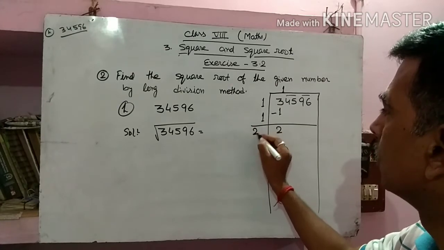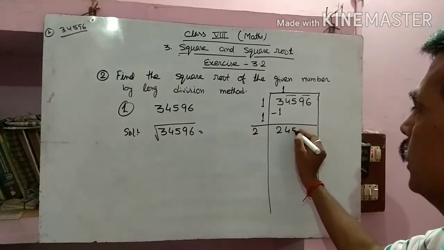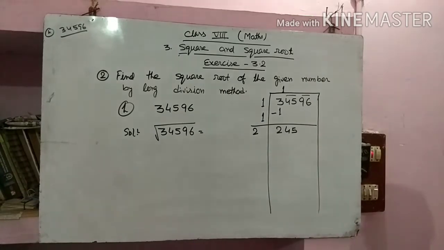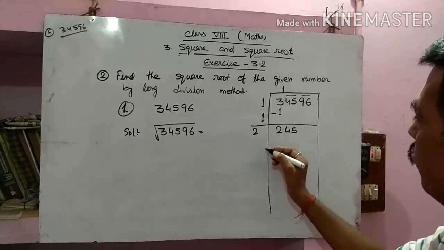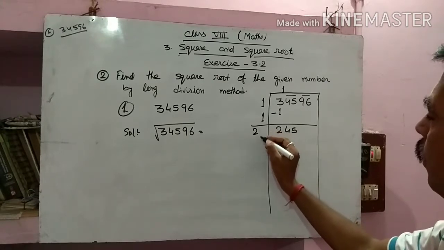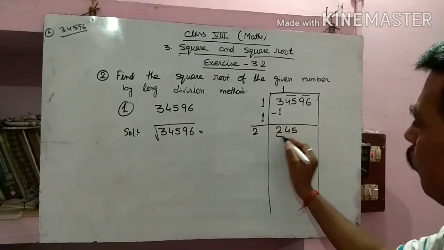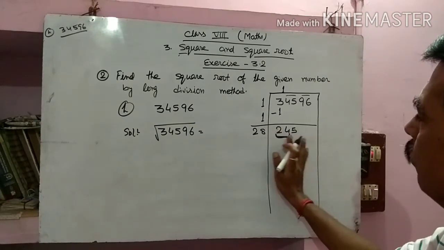Then 45 will be placed here. And look here, we have to find the number nearer to this one. So suppose 8 times, we have read that one.